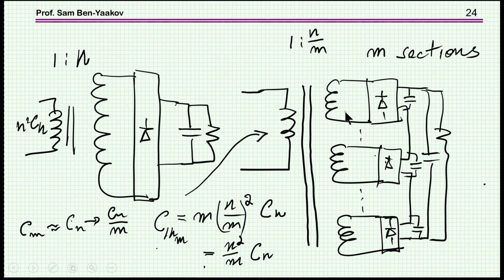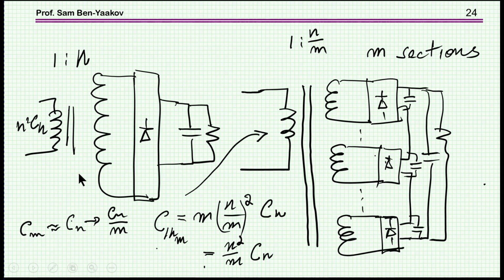So the question is, of course, how do you wind this, and how do you wind this? But I've just done here a very approximate, first order calculation, assuming that the capacitance of this section is exactly the capacitance of this total one. This would be for a multi-layer structure, might be about the same.